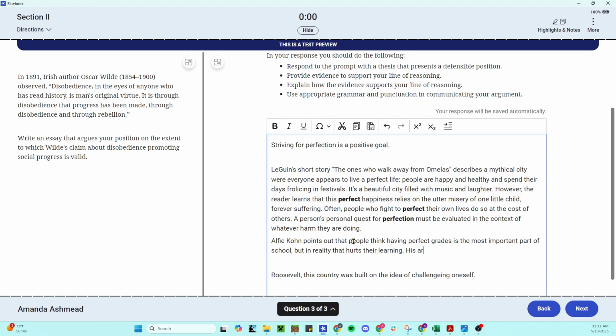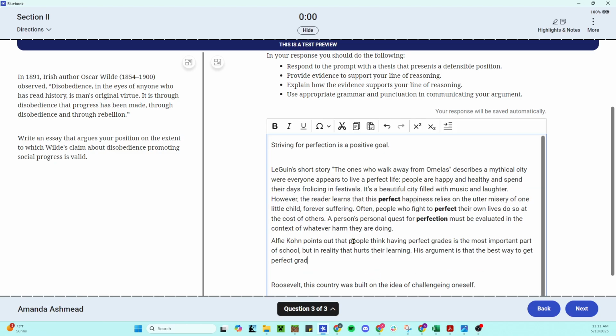His argument is that the best way to get perfect grades is to avoid challenges, because grades are based on not making mistakes.